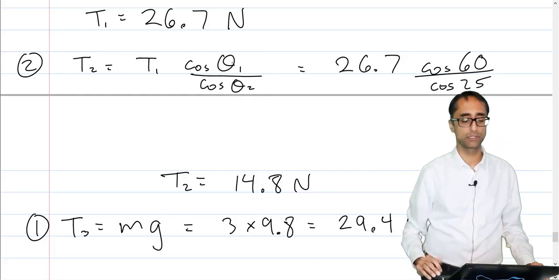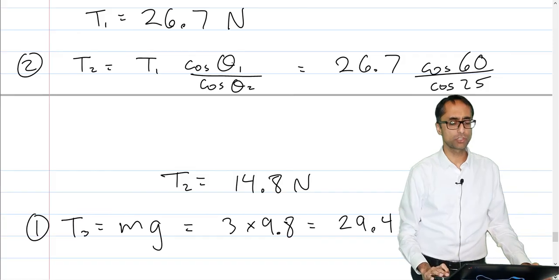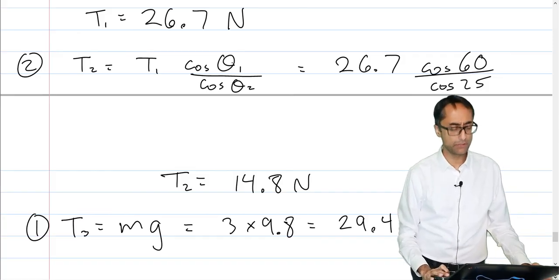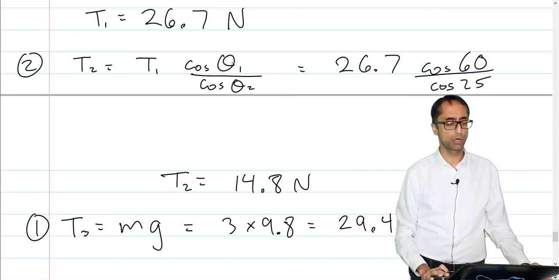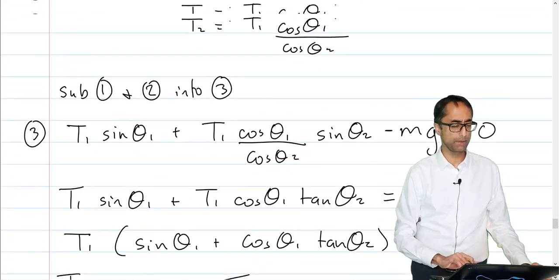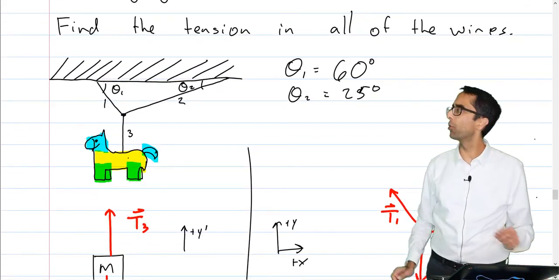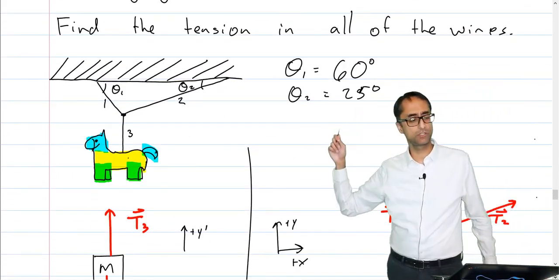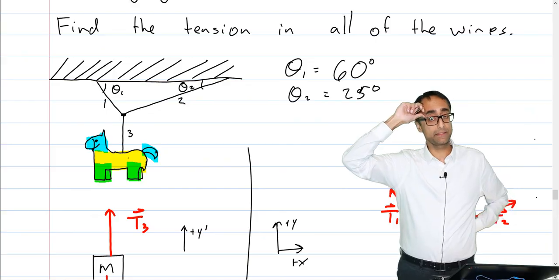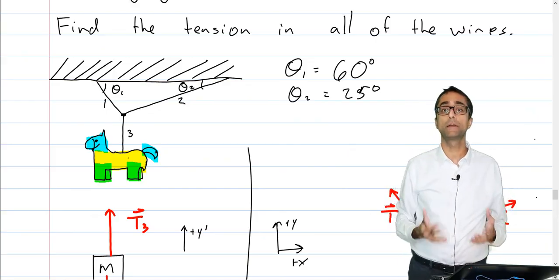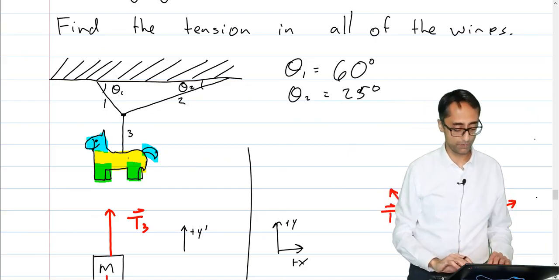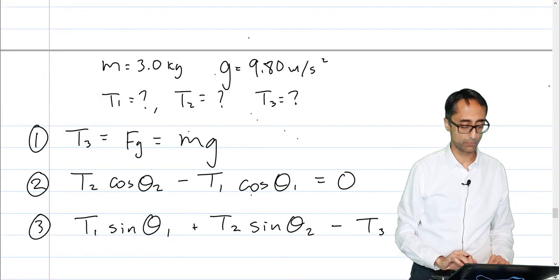29.4 newtons. And so I logically try to assess this. T3 is the largest, the other two are smaller. And I look at even the angles. Should T1 be bigger or should T2 be bigger? Which one is holding more of the load, T1 or T2? Logic dictates, based on the angle, that T1 does hold more of the load, and that's what we figured out as well.